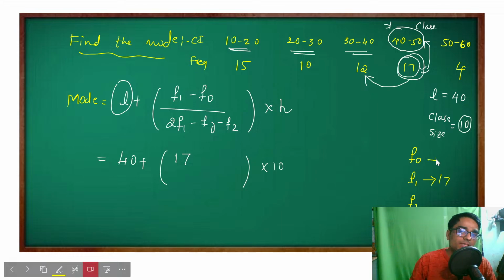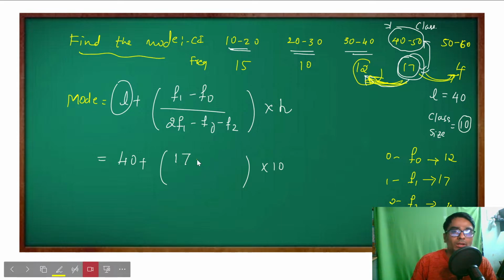Now F0 means 0 comes before 1, therefore F0 will be before 17. Before 17, 12 is there. Then F2 will be after 17, after F1. 0, 1, 2, then that is 4.